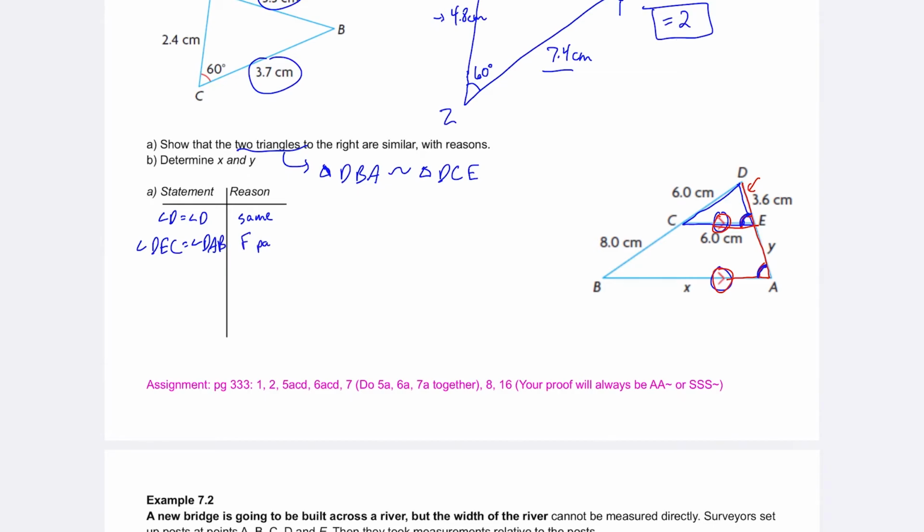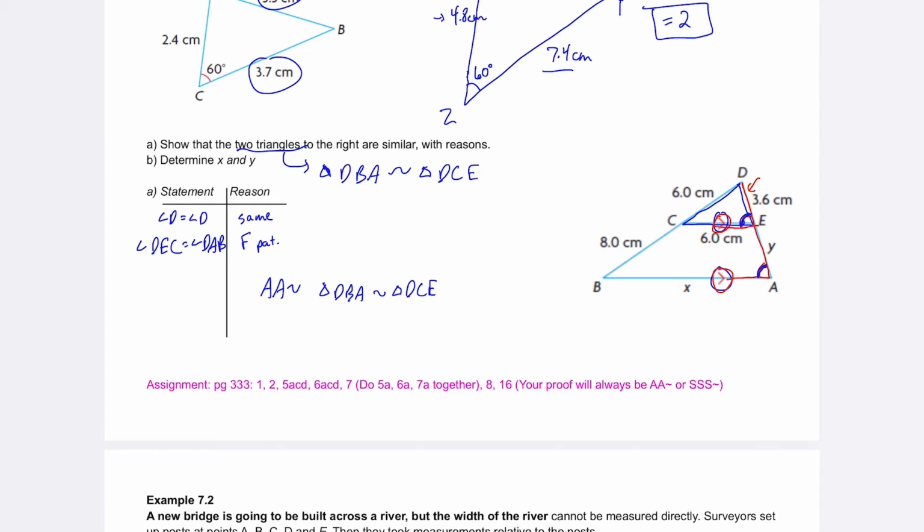I'm going to go not so proper, we'll just call it the F pattern there. And so by angle similarity, because I have two angles equal already, I know that triangle DBA is similar to triangle DCE. I know that once I have two angles that are equal.